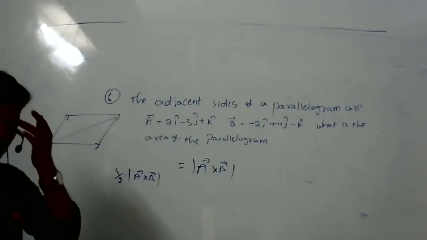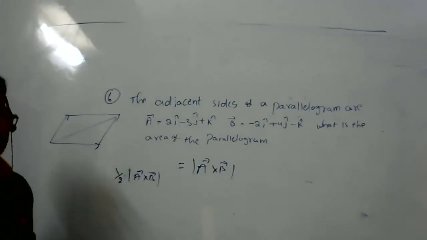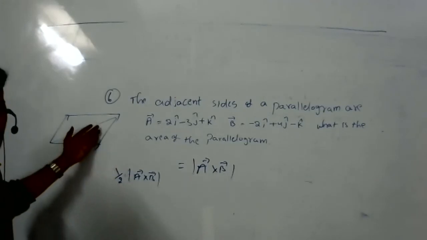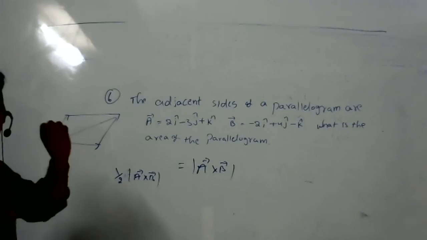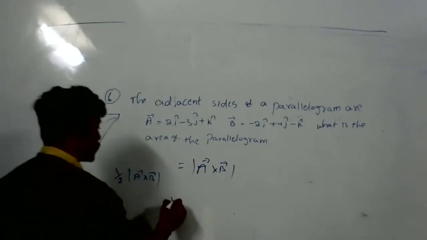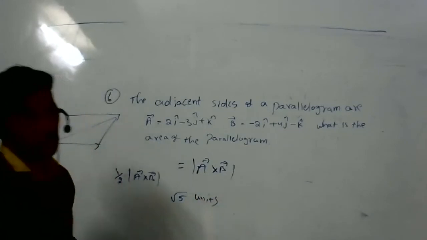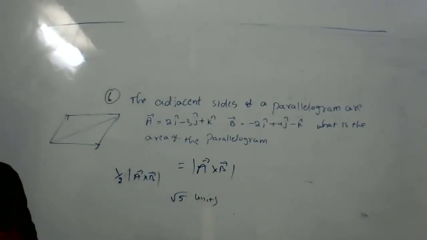So we have to calculate A cross B. Here also there are two triangles. Is root 5 the correct answer? Yes, correct. Root 5 units is correct. You will get only root 5. Yes, sir, I didn't do minus, I did plus instead.